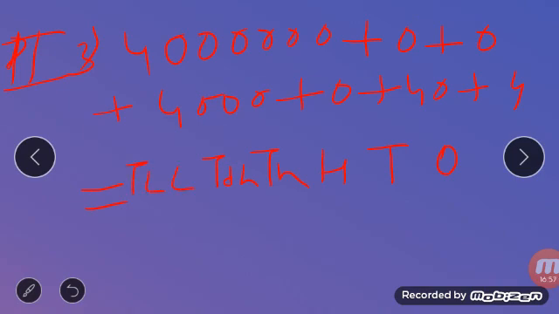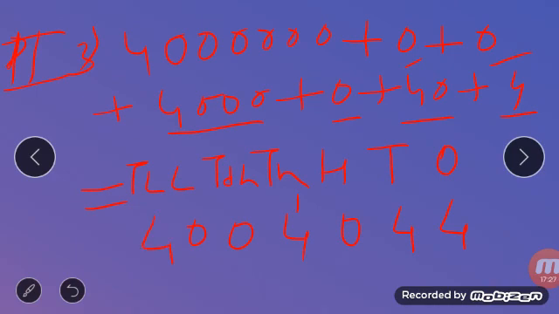Now put the number. 4 is in the ones place, so always start from your right hand side. 40 is in the tens place, because 40 means 4 tens. Here 0, nothing in the 100 place. 4,000 you write under the thousands place. Then 0, nothing in the next places, and here is 4.